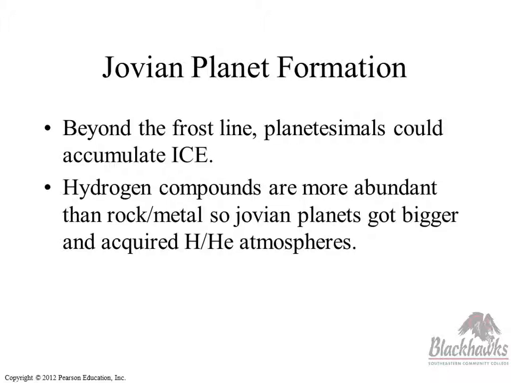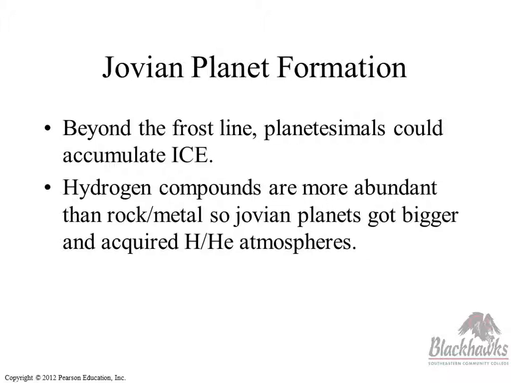So frost line, remember the frost line in chapter 6 we talked about kind of divides the rocky planets from the gaseous planets, the terrestrials from the Jovians. And so colder than the frost line, we could go ahead and get those hydrogen-containing compounds to begin coming out of being a gas.